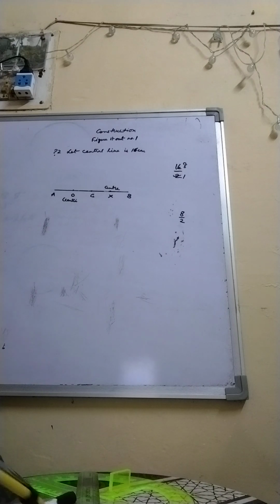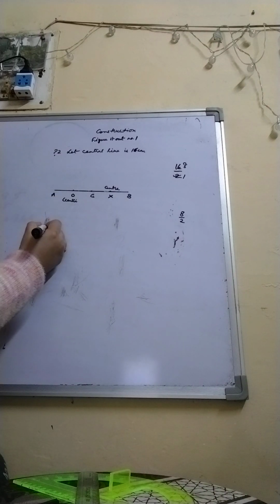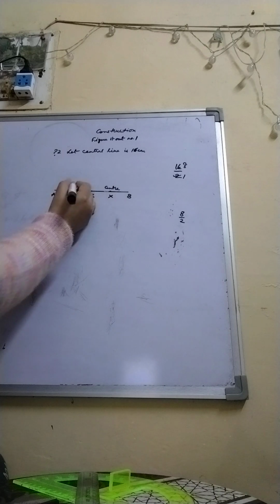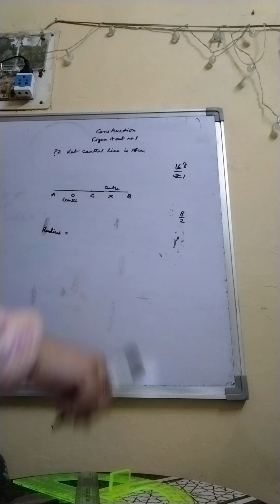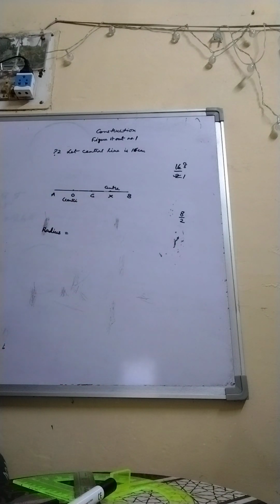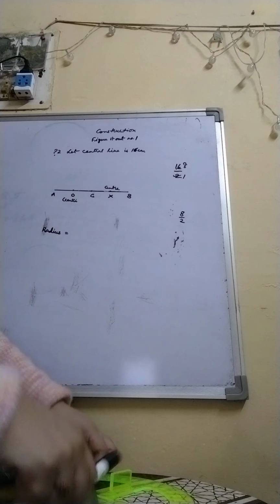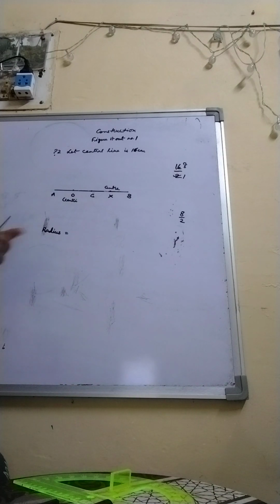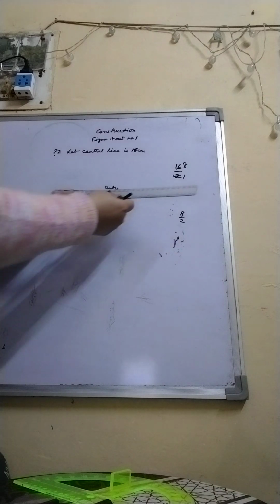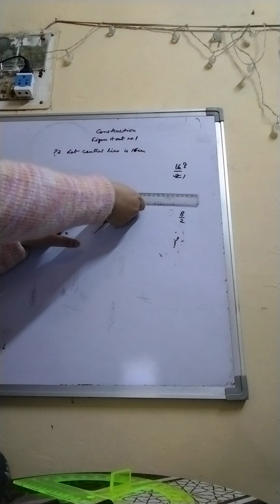Now we will open the compass. And what is the radius now? Now you know what radius is. Radius is the distance between the center and any dot on the circle. Now how much compass would you open?